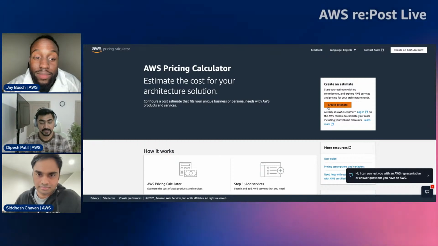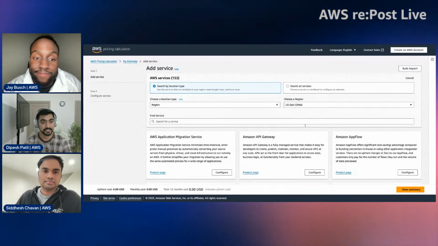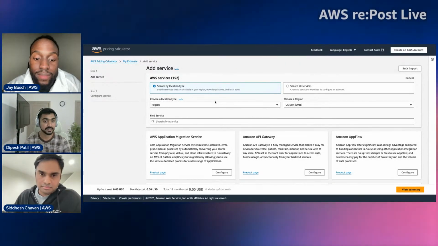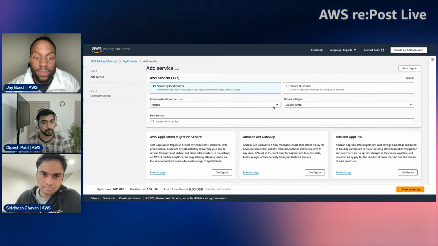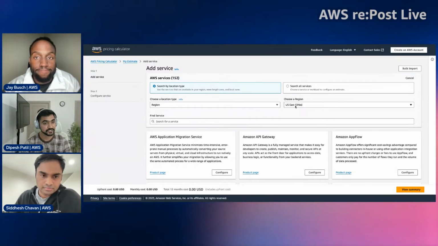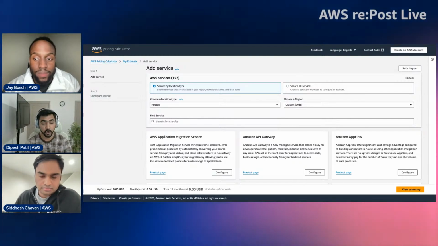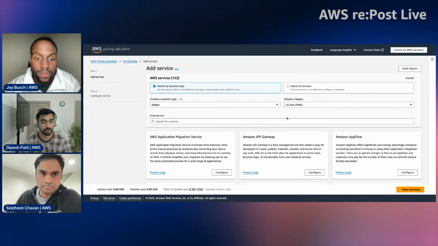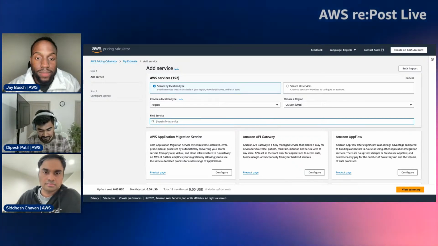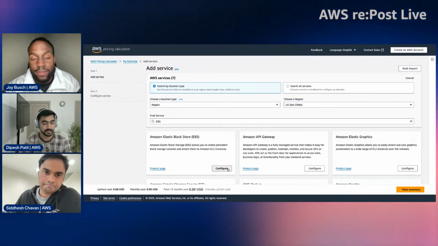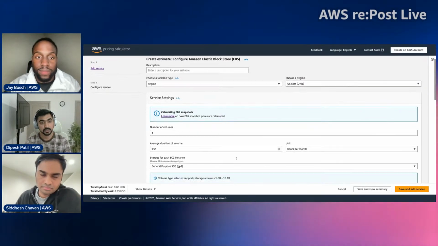That's correct. So we'll be creating an estimate. When we hit create estimate, it asks us to select the region. It is very important to select the appropriate region where my workload belongs, because pricing may differ from region to region. As for the service, we'll select EBS, and then hit configure.